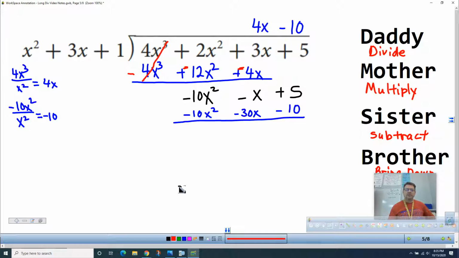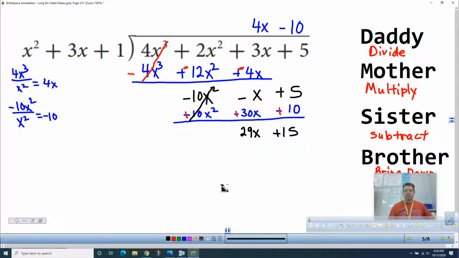Now for subtraction. So we're not just subtracting the first thing, we're subtracting the whole thing. And that's going to end up changing all of my signs in the process. Okay. Can't tell you enough how much I suggest using a different color pencil. So that's going to cancel. That leaves me with 29x plus 15. And we're out of space, can't go any further.